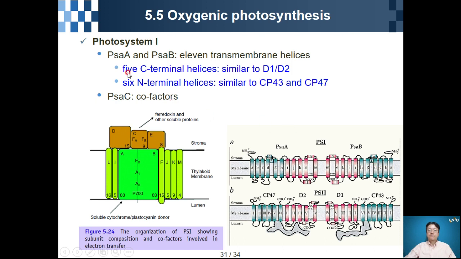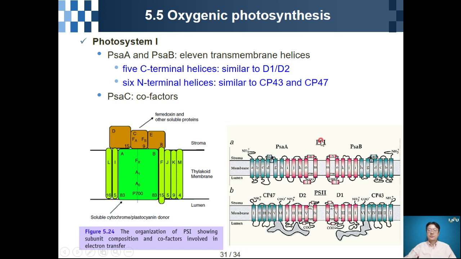So these 5 C-terminal helices are similar to D1 and D2, and the 6 N-terminal helices are similar to CP43 and CP47.